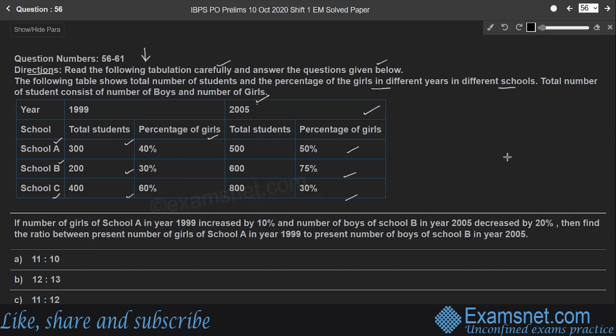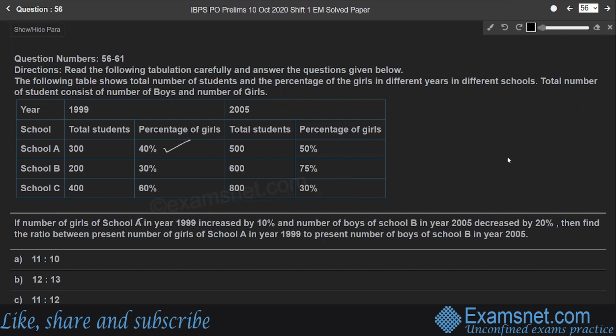Based on this, question number 56: if the number of girls of school A in the year 99 increased by 10% and the number of boys of school B in year 2005 decreased by 20%, then find the ratio between the present number of girls of school A in the year 99 to the present number of boys of school B in year 2005. Here the percentage of girls is given.